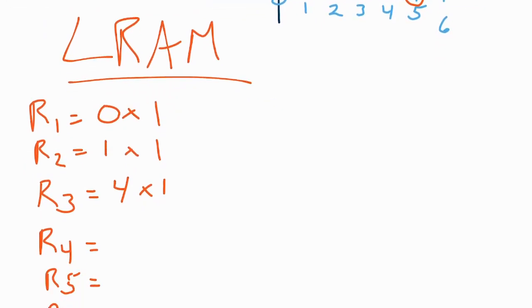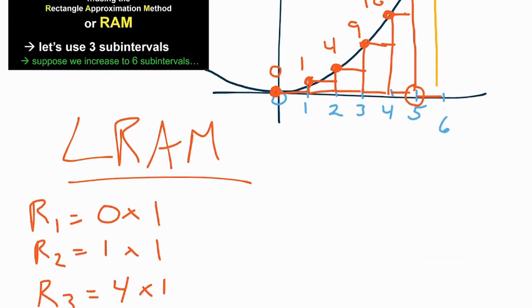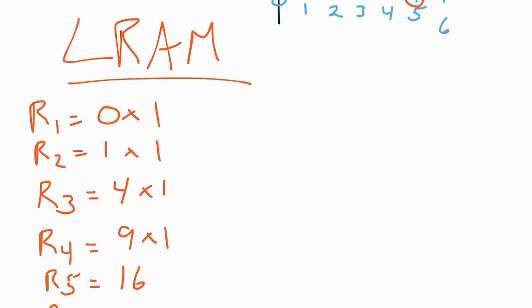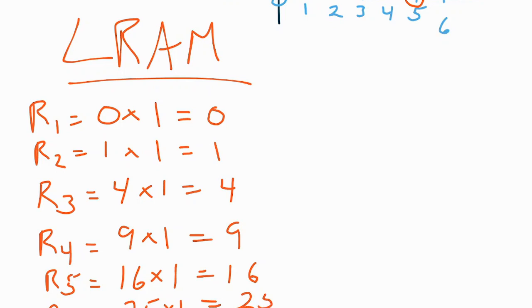Somebody says, do I have to write all this down? I suppose you don't have to write it all down, especially in a problem like this. Maybe you can already see that since we're just multiplying by 1, what you're actually going to end up doing is just adding the y values. Well, that's an interesting observation.